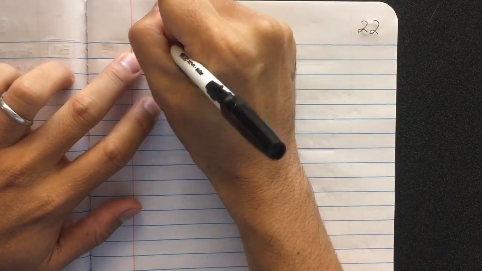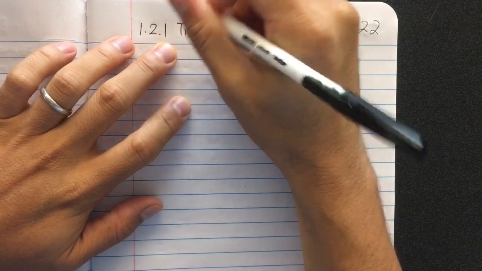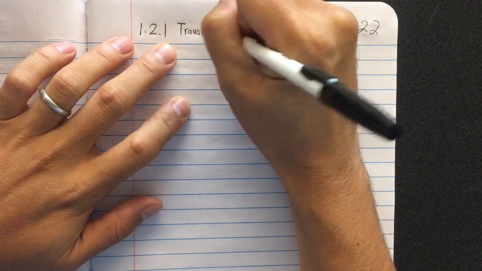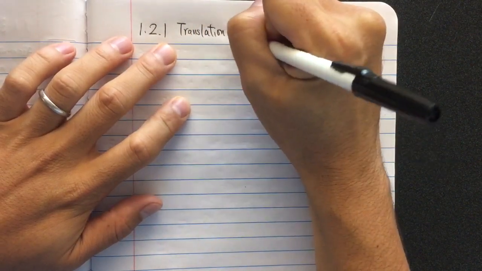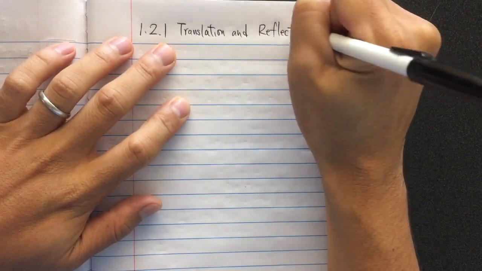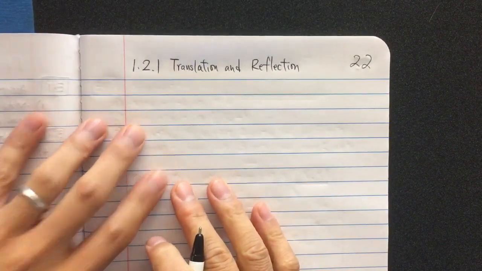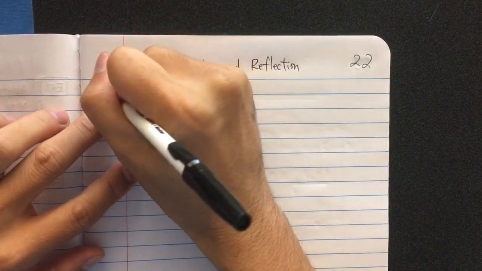Okay, ladies and gentlemen, today we start from page 22. Section 1.2.1, we will talk about translation and reflection. Example 1.